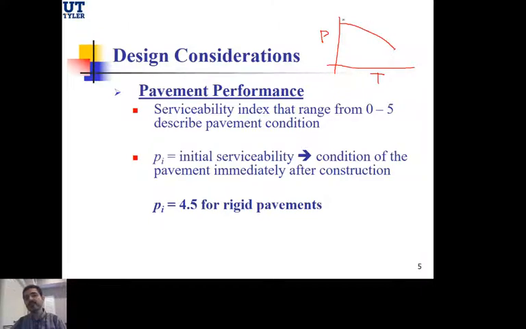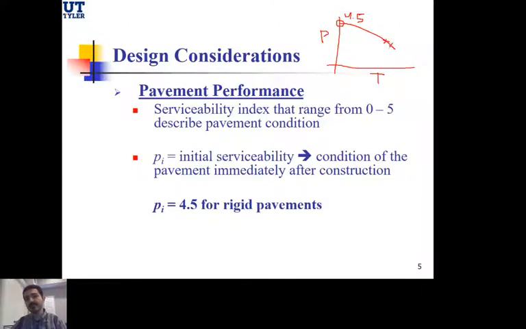So the initial serviceability for a rigid pavement is 4.5 out of 5, instead of 4.2 if you recall for flexible pavement. And with time, this here is the PSI, and the rigid pavement will start to degrade. And now again, we need to define what is failure.